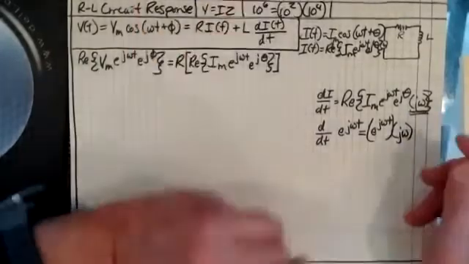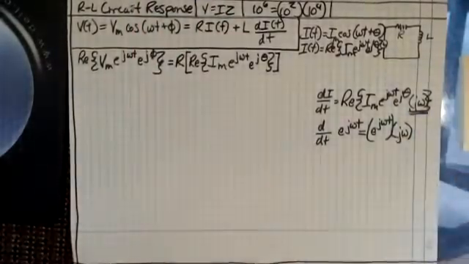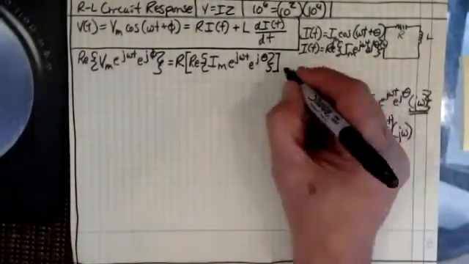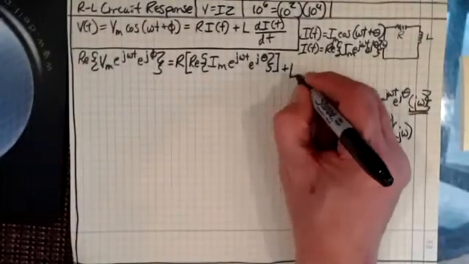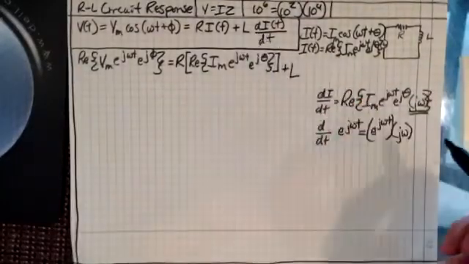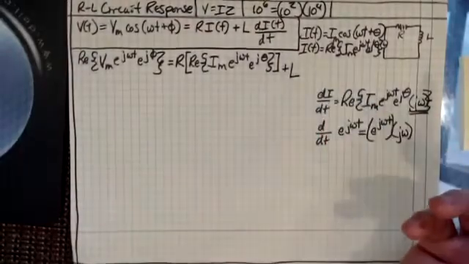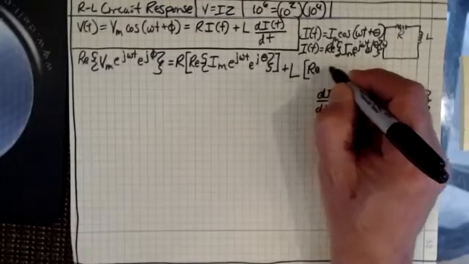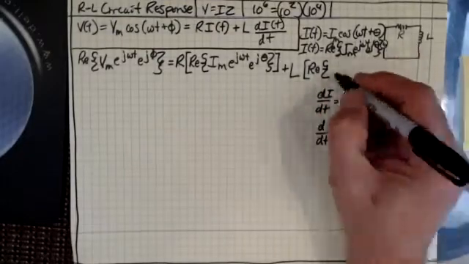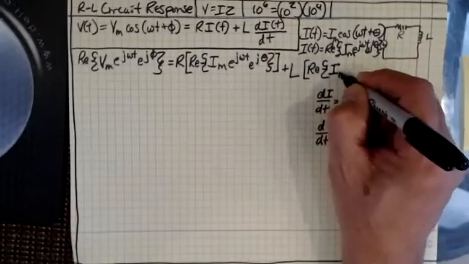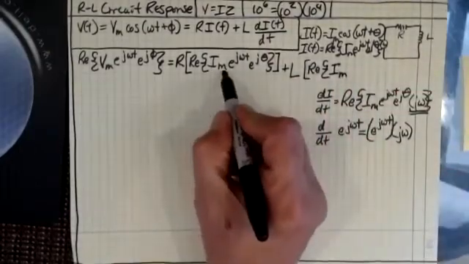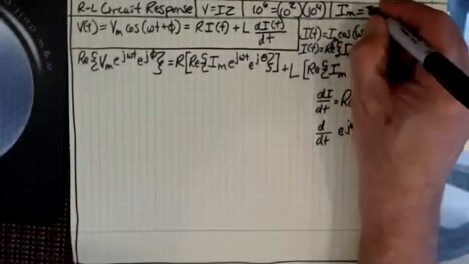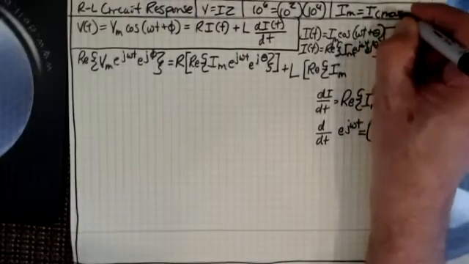I'm sure that you did in the beginning, and I'm just beating that to death. But that's why I got the j omega there, and that's what I'm going to use, because I've got to use that plus L times di/dt, which is going to be equal to the real part of I max. I want everybody to remember that I sub m equals I max, right?